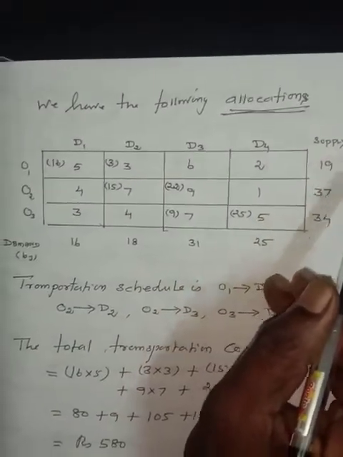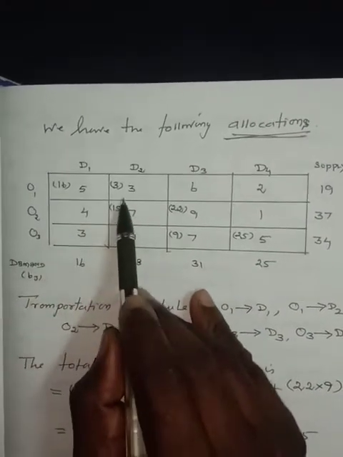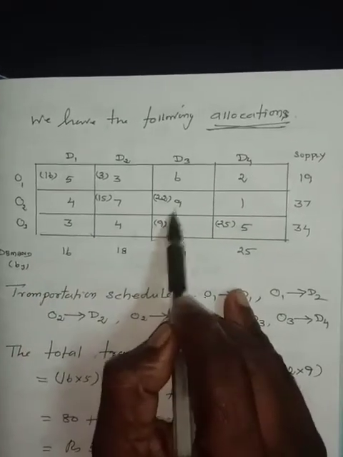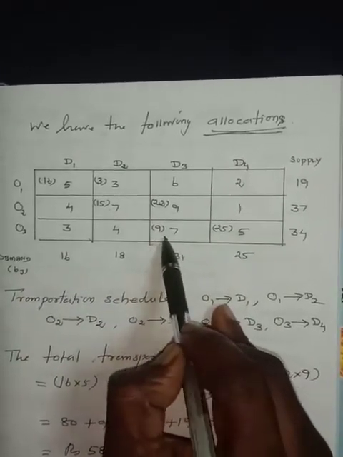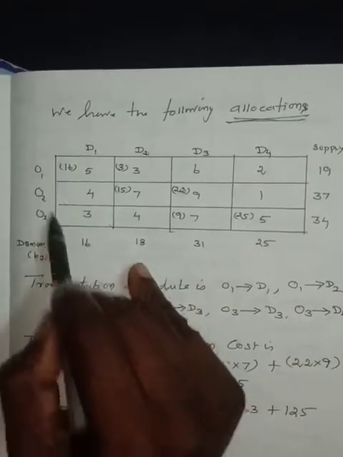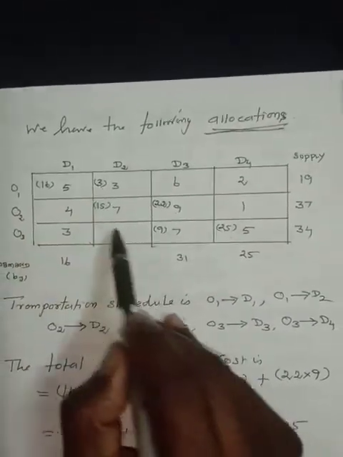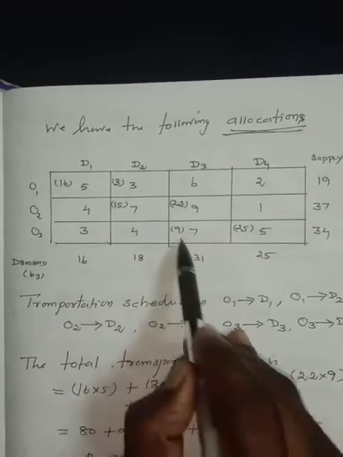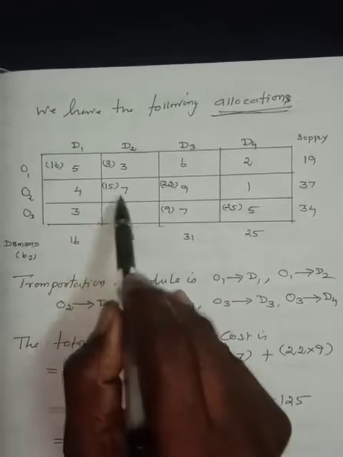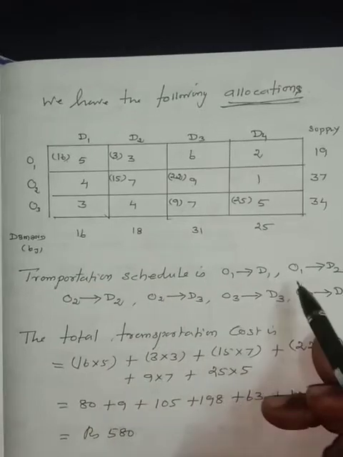Allocations: first allocation number 1 is 16, allocation number 2 is 3, allocation number 3 is 15, allocation number 4 is 22, allocation number 5 is 9, allocation number 6 is 25. In the given table, fix the points 16, 3, 15, 22, 9, 25. These are the points taking the minimum level of transportation.